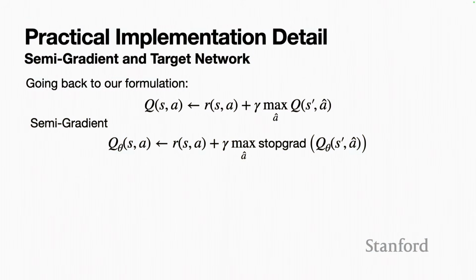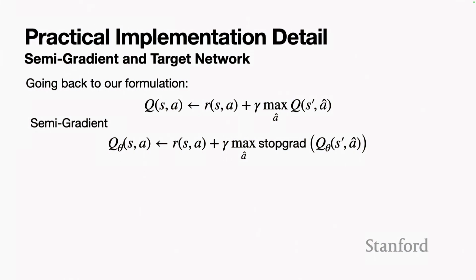So one thing that you'll see here is that the Q function on the left is going to be the same as the Q function on the right, but this will make optimization very difficult, especially if you propagate gradients through it. So one trick that people do use is this notion of a semi-gradient, which allows you to freeze your target network or not pass any gradients to it to make optimization a little bit more stable.